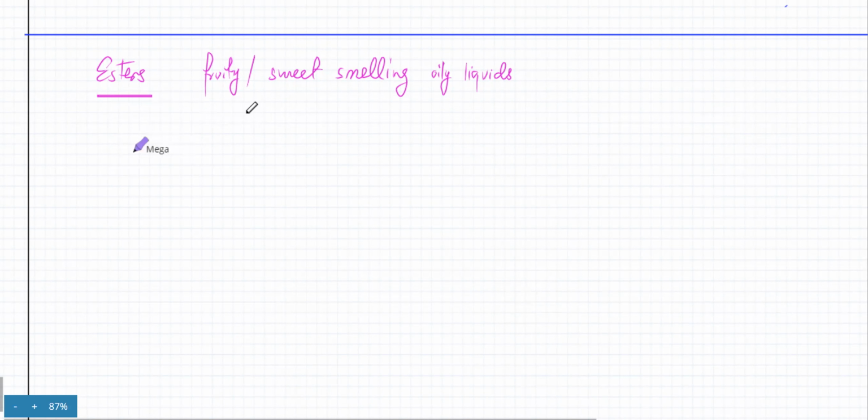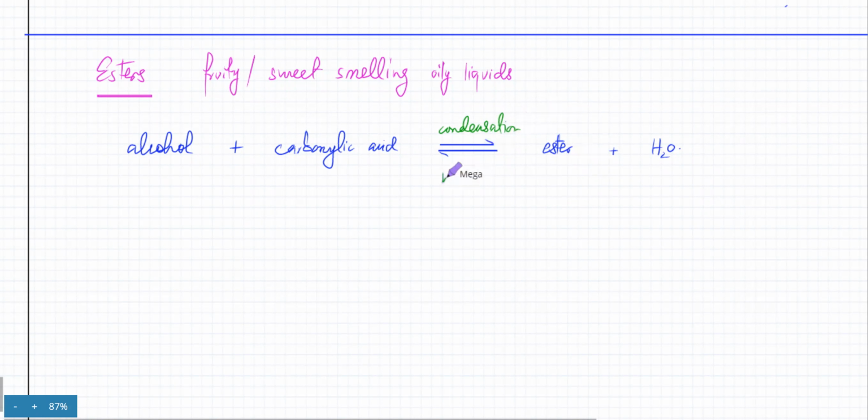You have alcohols and carboxylic acids reacting to form an ester and a water molecule. This reaction is a condensation reaction, the forward one. And the backward one is a hydrolysis reaction.